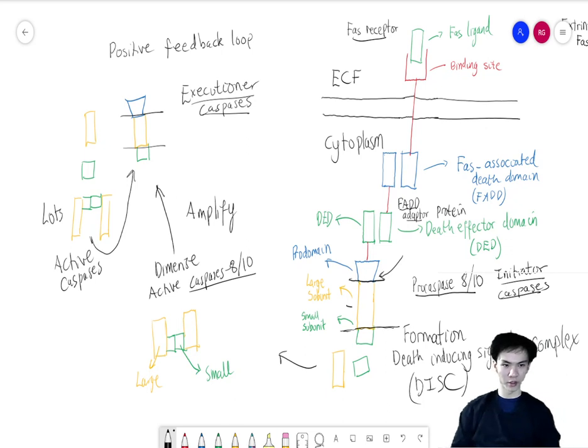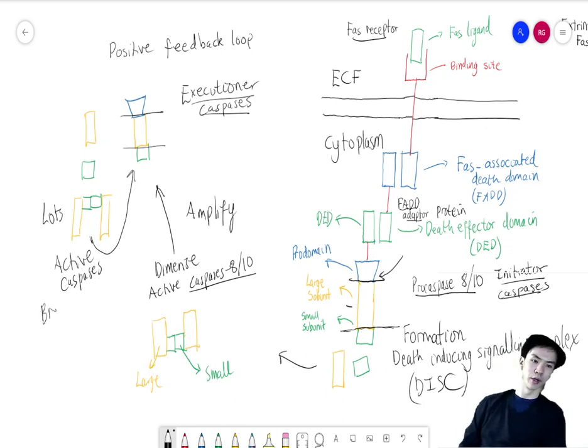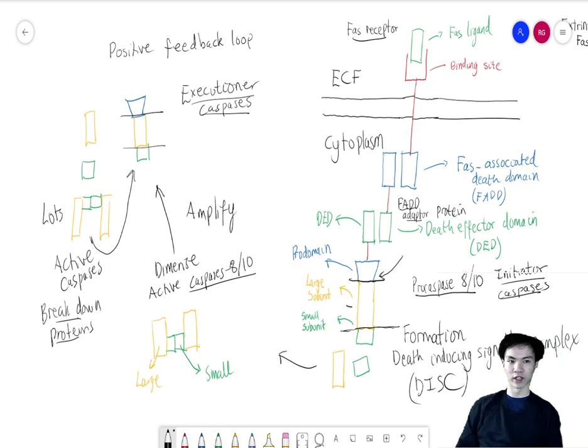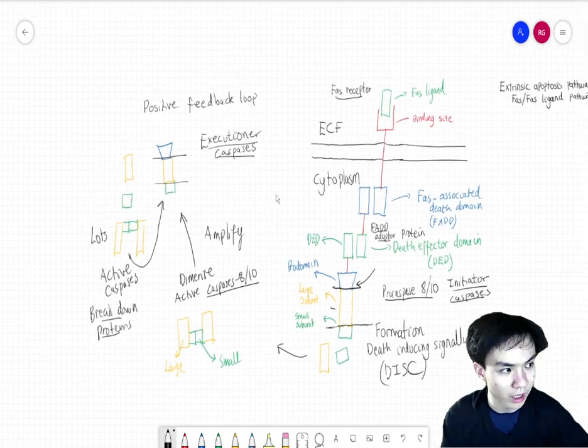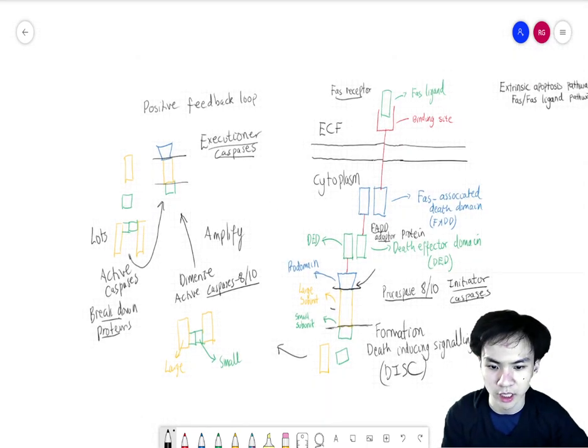So these caspases are going to break down proteins within the cell, and of course that includes cleaving more caspases to free up more. So they're going to recruit more troops essentially to carry out the task, recruit more workers. Okay, so that is the extrinsic apoptosis pathway.